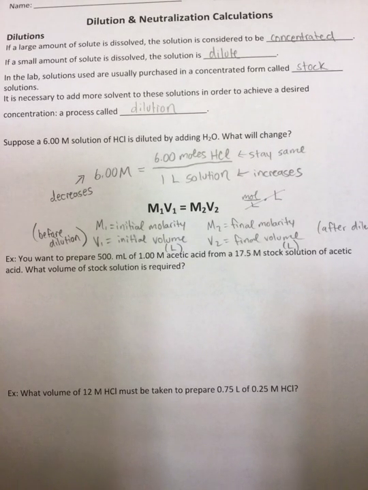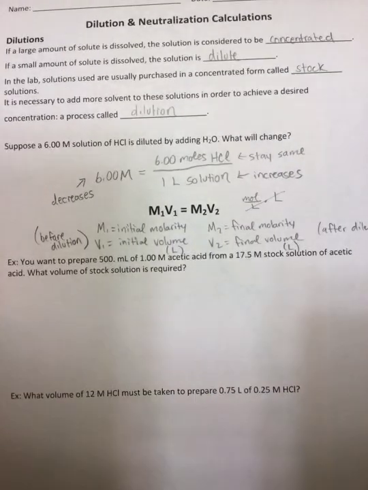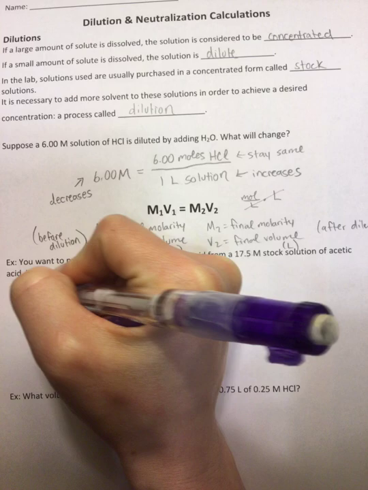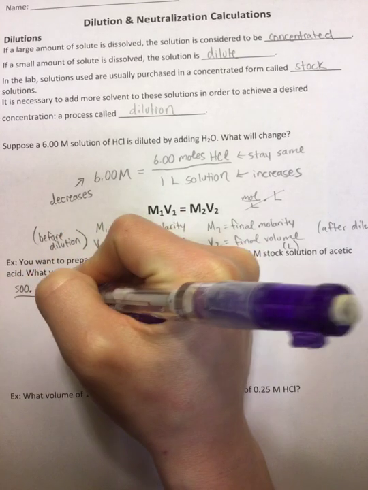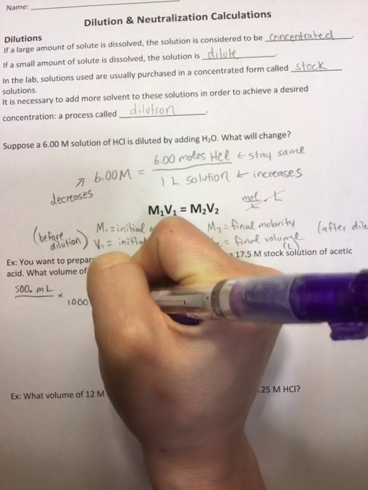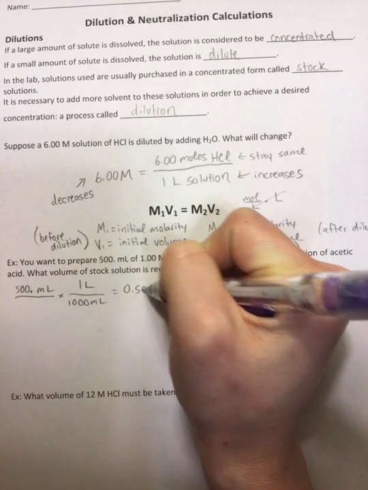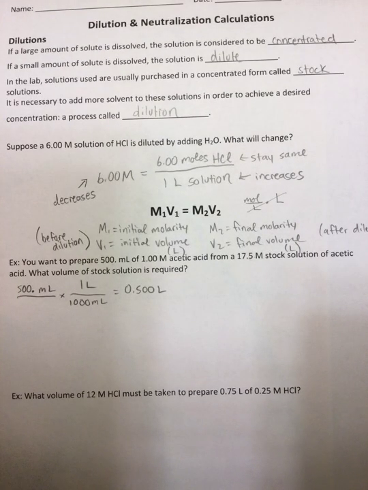Now, if I'm going to do a 500 milliliter solution, I need to convert that to liters. So 500, notice that decimal point there, milliliters, 1,000 milliliters in 1 liter gives us 0.500 liters.